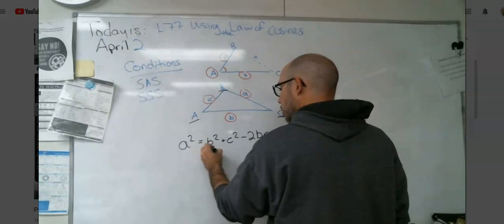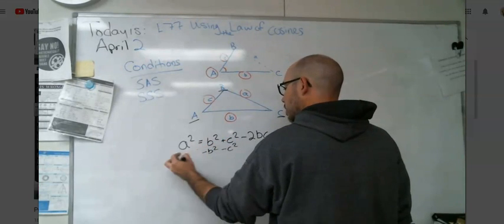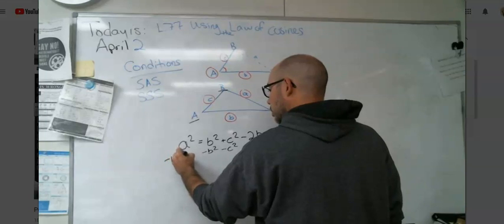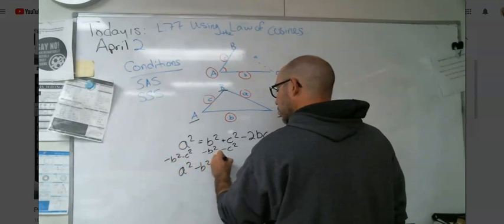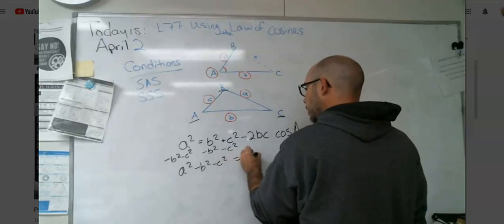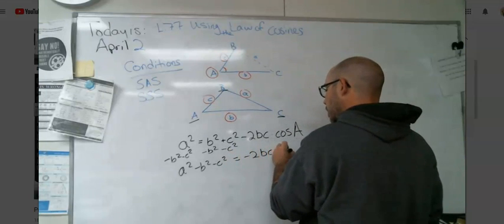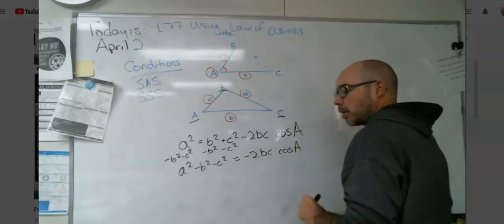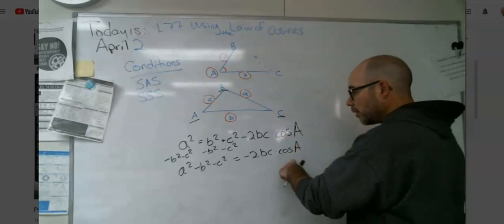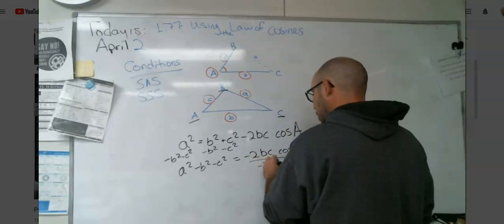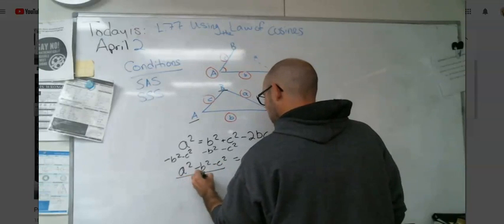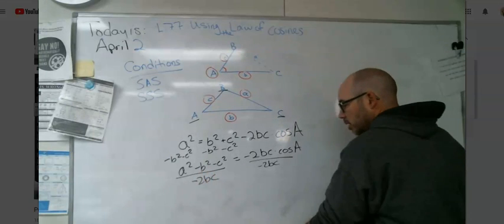That means I'm going to subtract b squared and c squared from both sides to get a squared minus b squared minus c squared. That leaves me with negative 2bc cosine of angle A. And now I'm going to divide both sides by negative 2bc. Just using algebra, right?